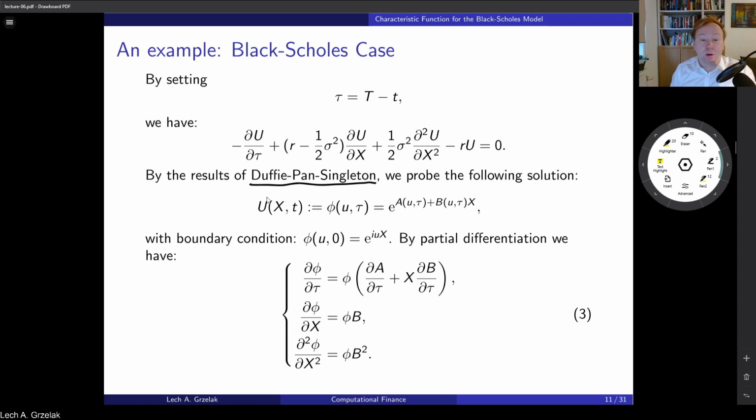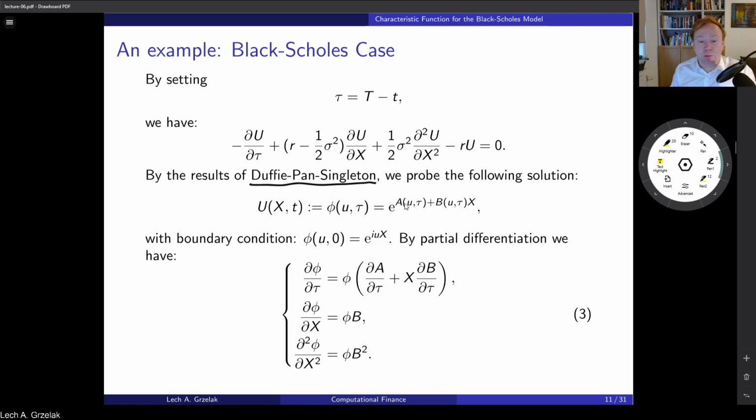So we have to calculate, if this is indeed a solution, those derivatives to substitute into this PDE. And we also have a boundary condition. So at tau equal to 0, this means at the final time, the condition is e to the power i u x, which comes from the theorem of Duffie, Pan, and Singleton. Okay, so we have to calculate these derivatives.